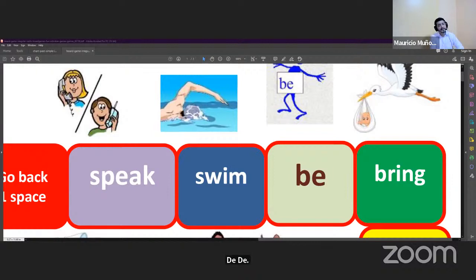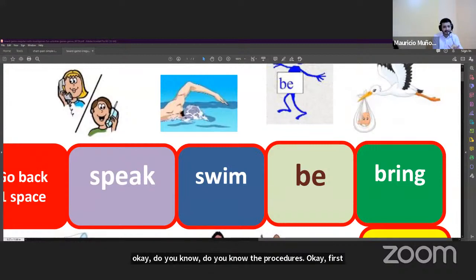Okay, Angie Zambrano. Okay, you know the procedures. First the verbs in present, then present and past. Okay, go. Primero en presente, todos 4.